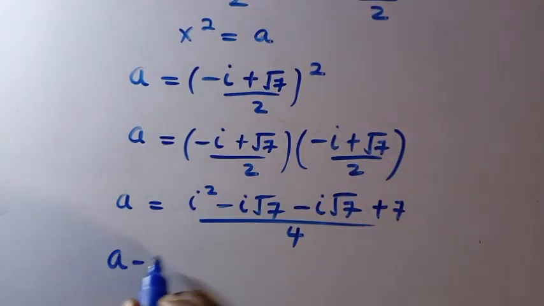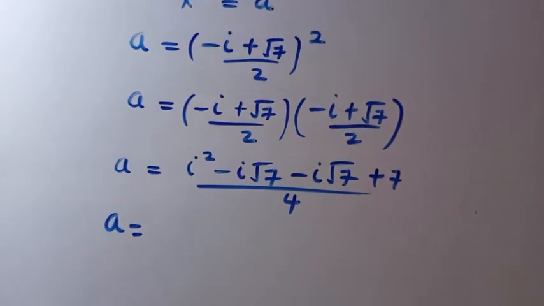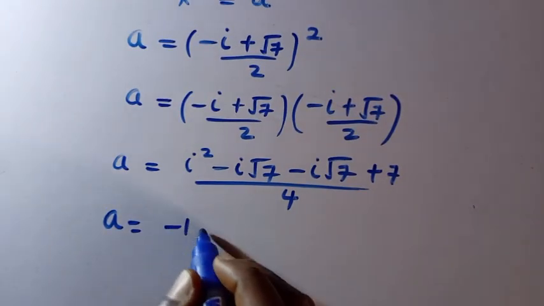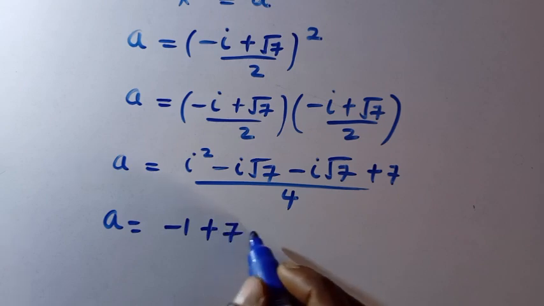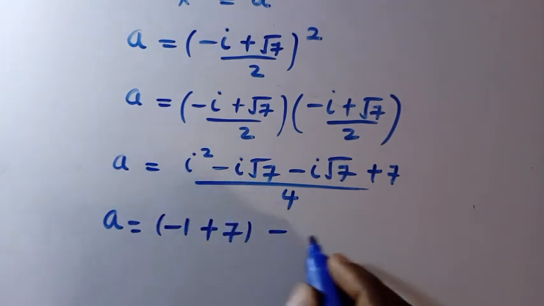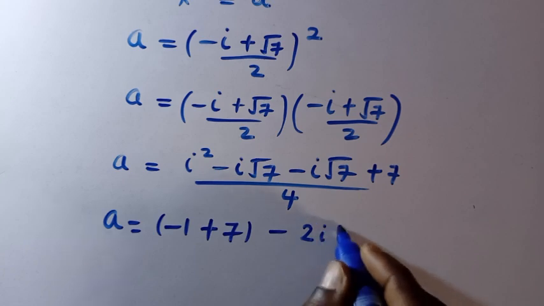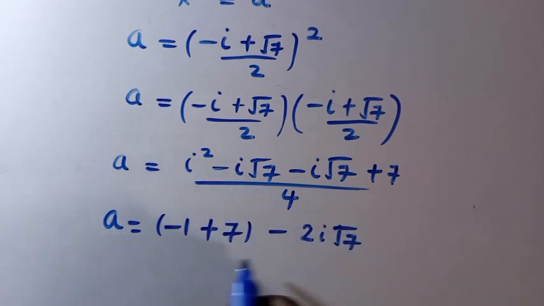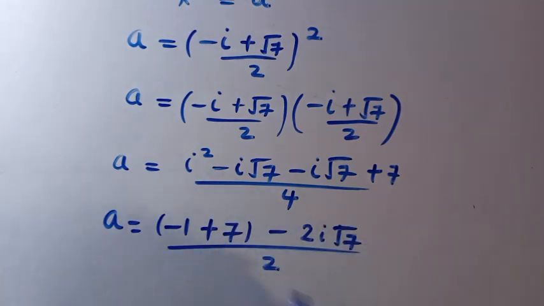We know that i squared equals minus 1. So we write this as minus 1 plus 7, which are the real parts, then minus 2i root 7, the imaginary part, divided by 4.